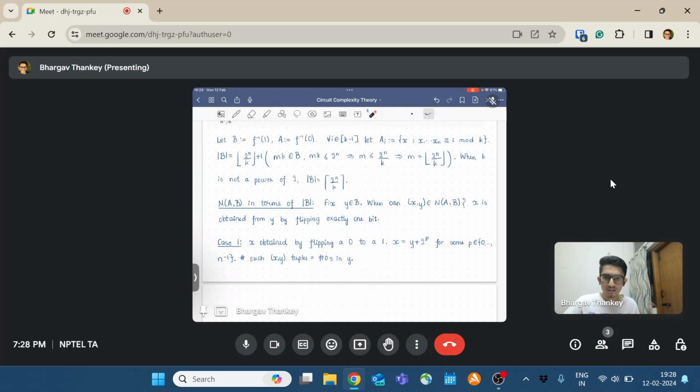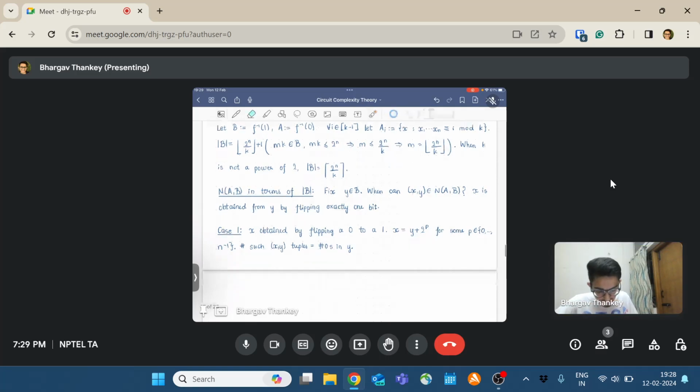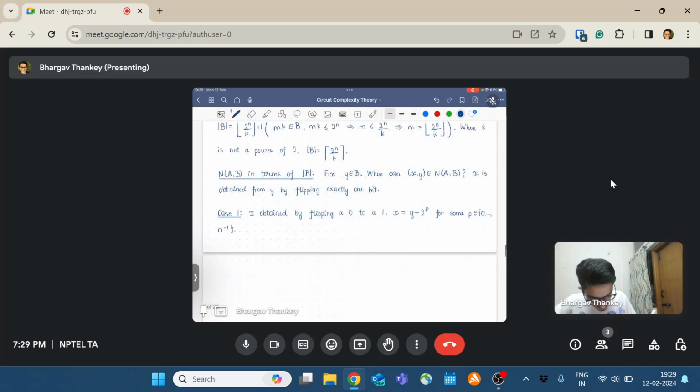Why? Okay, let me prove this. Your x is in which set? y is a string which is divisible by k, right?